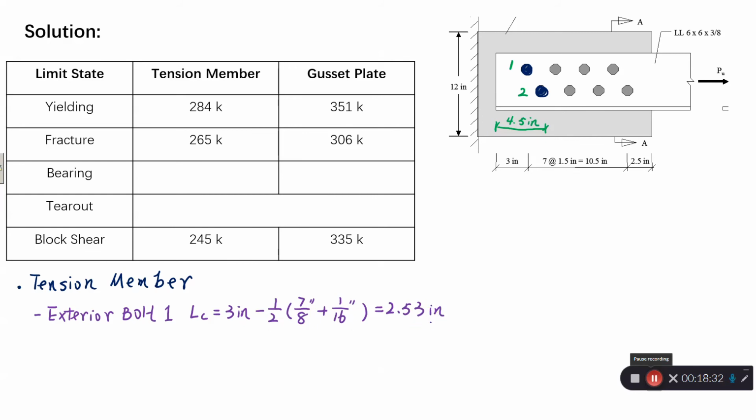So that's LC, and I can compare it with 2d, where d is 7/8 inch, so 2d is equal to 1.75 inches. So my LC is greater than 2d. That means bearing controls.